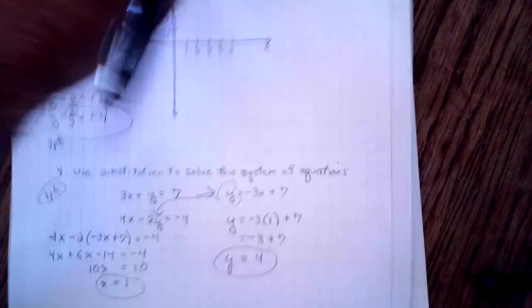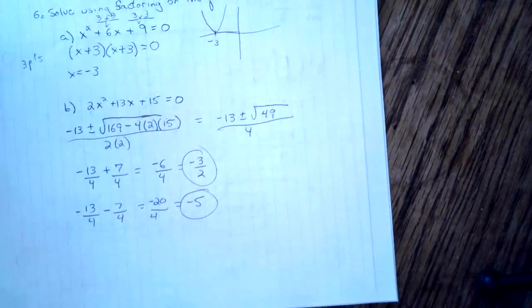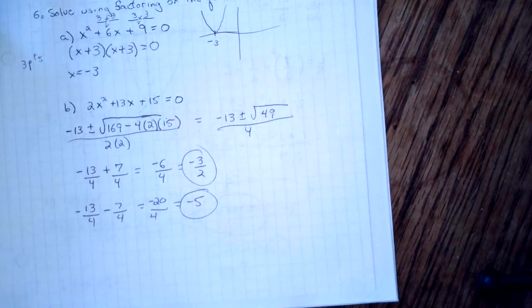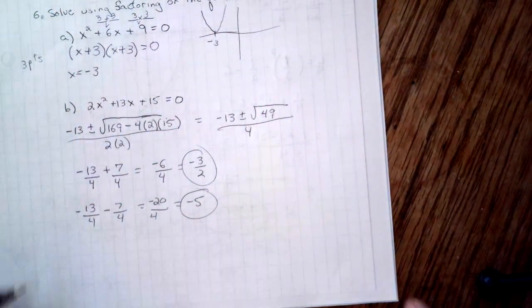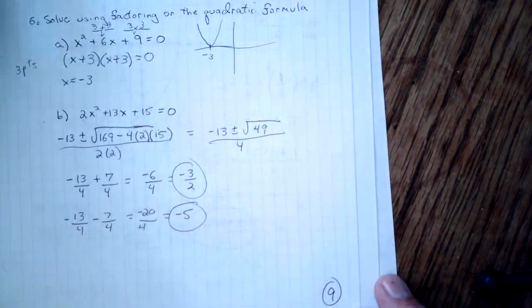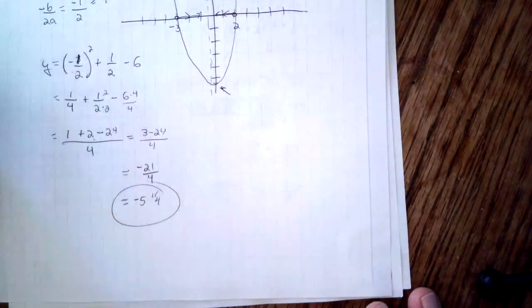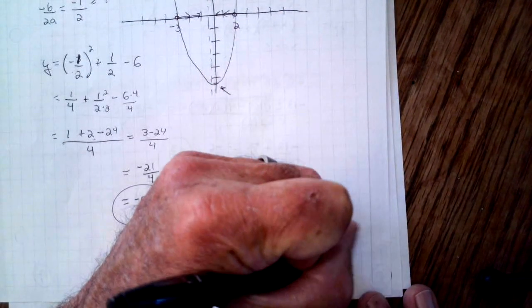This was worth 9. The third page, this was worth 3, 6 points, 9 points. So that's also worth 9. And then the fourth page, this one was worth a big problem, and it's worth 10 points.